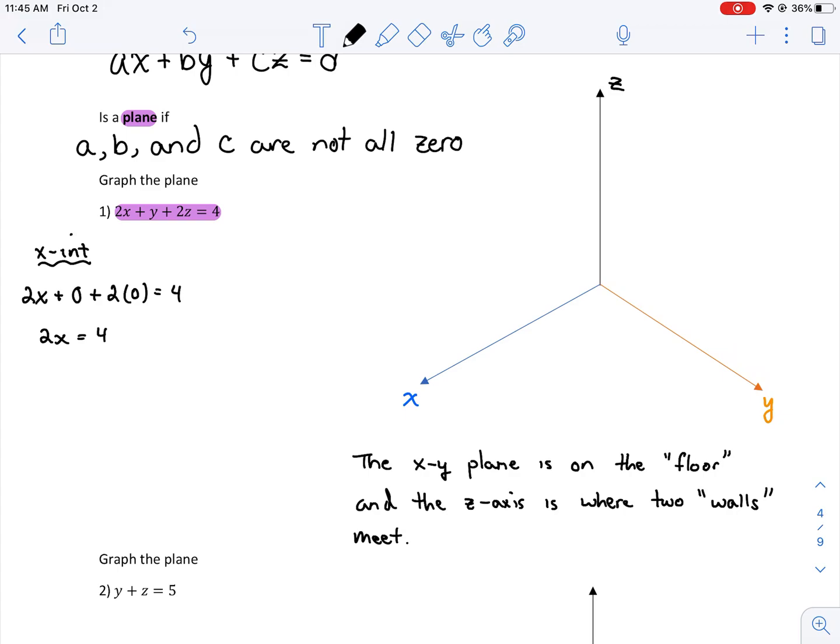So it looks like the x-intercept is 2, 0, 0. Next, we'll do the y-intercept. So that's where x is equal to 0 and z is equal to 0. So it looks like the y-intercept is 0, 4, 0.